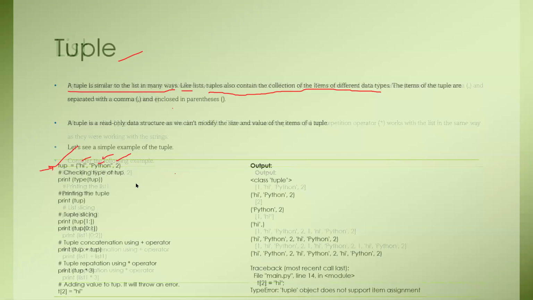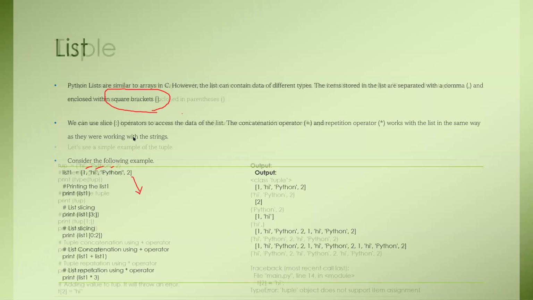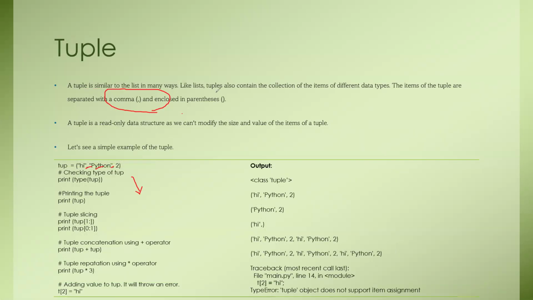How they are differentiated: the variable name can be anything. The variable name is not going to decide whether it's a list or a tuple, but the representation of the data does. All the list items will be represented using square brackets. So if you maintain the list of items using square brackets, it is mutable. You can modify it. The same list of items, if you represent using parentheses, is read-only.